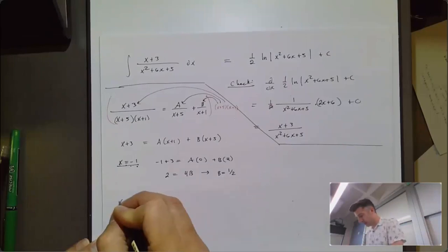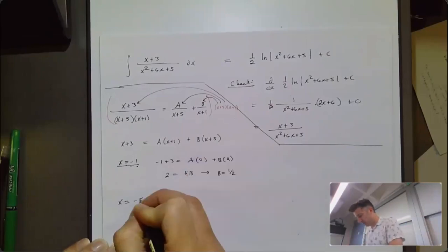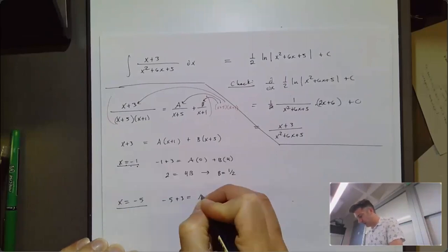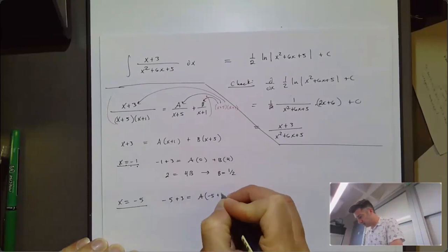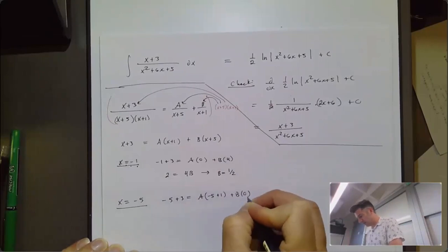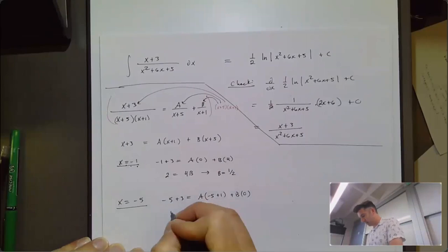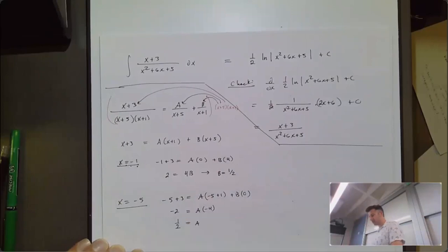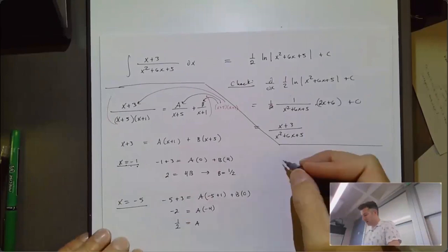So then I'm going to set x equal to -5, and I'm going to have -5 plus 3 equal to a times -5 plus 1 plus b times 0. So I'm going to have -5 plus 3, which is -2, equal to a times -4. So a is going to equal +1/2. So then I'm going to rewrite my integral.